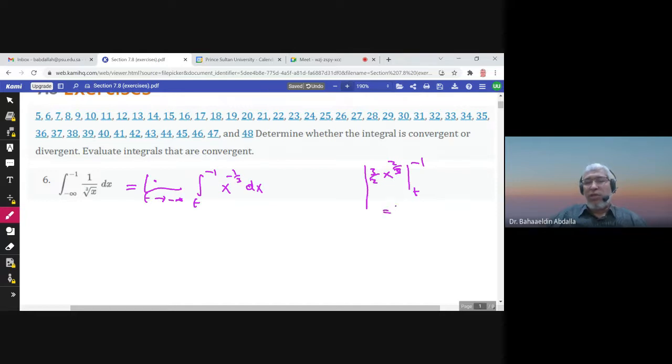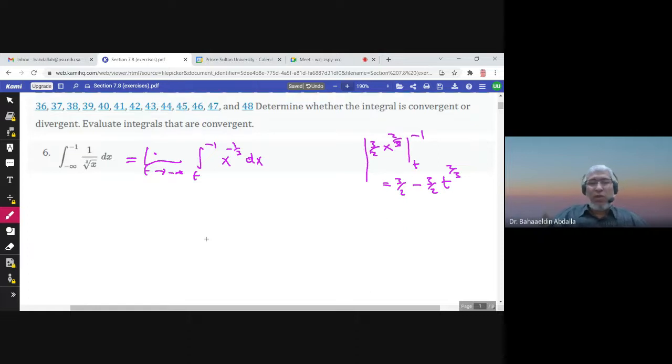So it would be 3 over 2 times negative 1 to the power 2 over 3, that's just 1, minus 3 over 2 times t to the power 2 over 3. So we continue here. This is the limit as t approaches negative infinity of 3 over 2 minus 3 over 2 times t to the power 2 over 3.